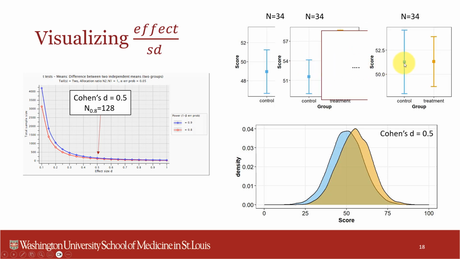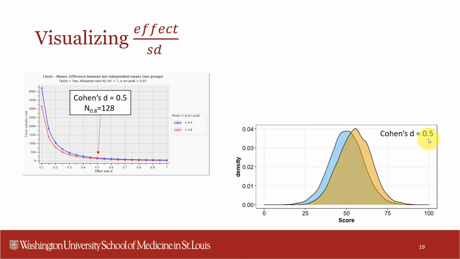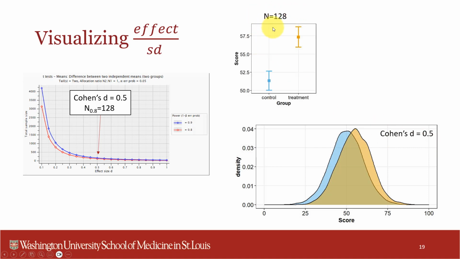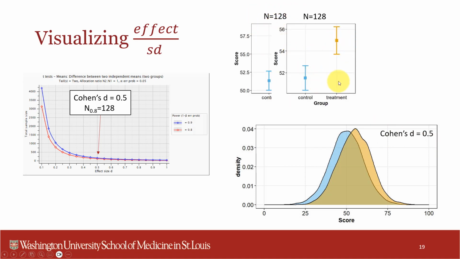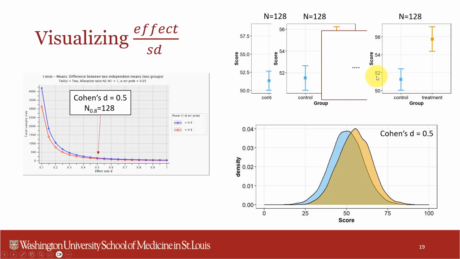But if we kept sampling, we're going to get a lot of samples where we don't get a statistically significant difference. We might not see any mean difference at all because we are tremendously underpowered for the effect that we are trying to study. Instead, if I take this sample size way up, and now I'm powered for a Cohen's d of 0.5, I can take 128 people in one sample, 128 people in the next sample, and if I keep taking samples with 128 people, I'm reliably going to see a statistically significant difference between those means.